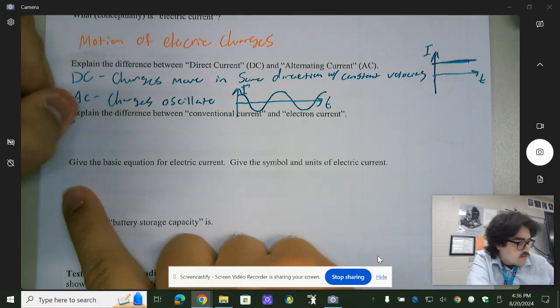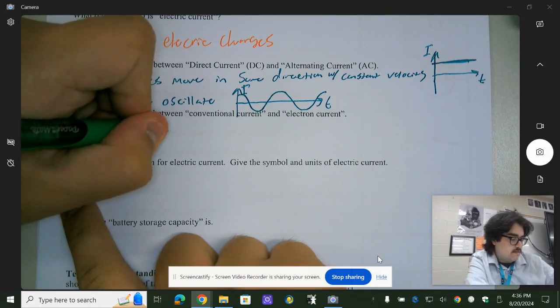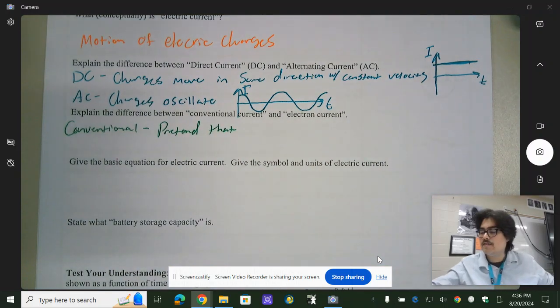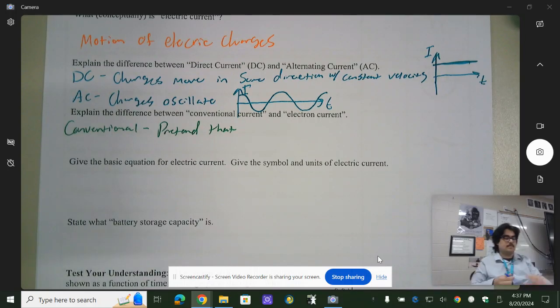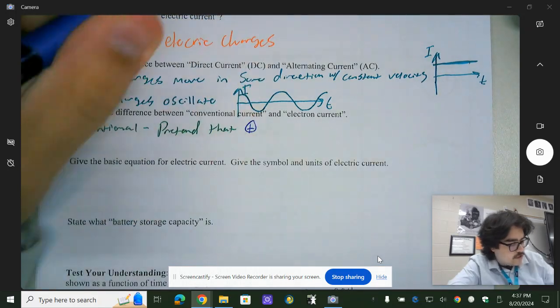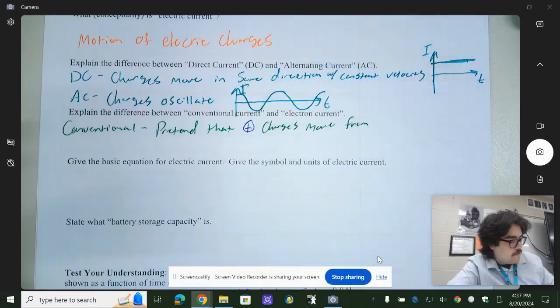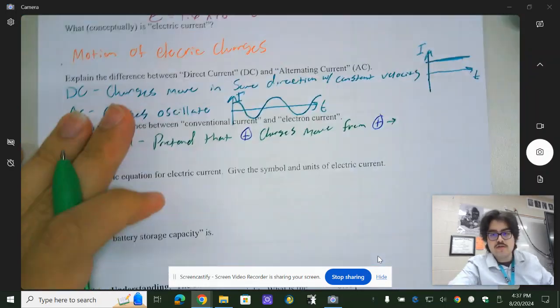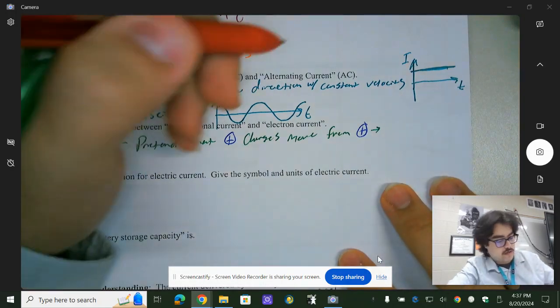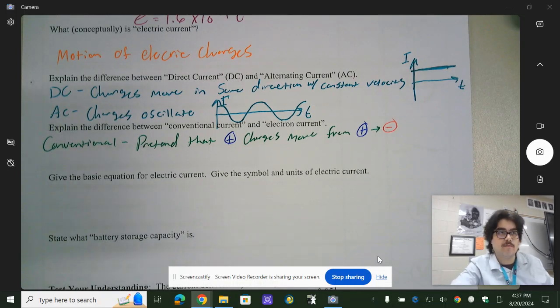Conventional current is that we pretend that the positive charges, which I tried to color code as blue, move from the positive terminal or an area of positive charge to an area of negative charge.